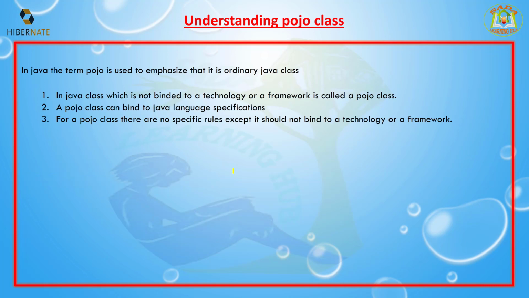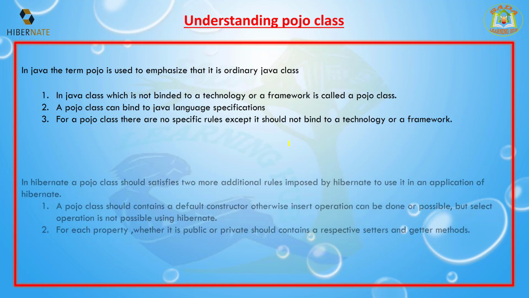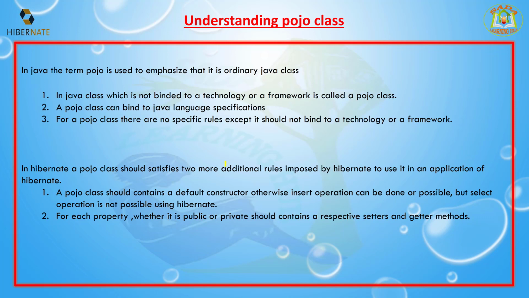Next, these are the conditions needed to satisfy a POJO class. But on top of that, Hibernate has given some additional rules. For a Hibernate POJO class, Hibernate has given two more additional rules.